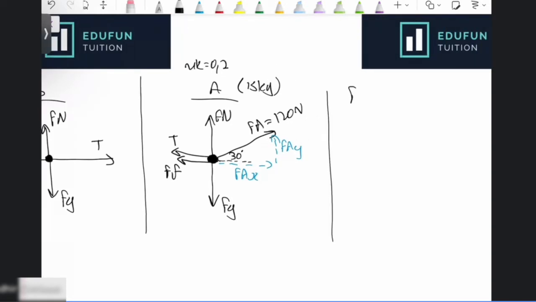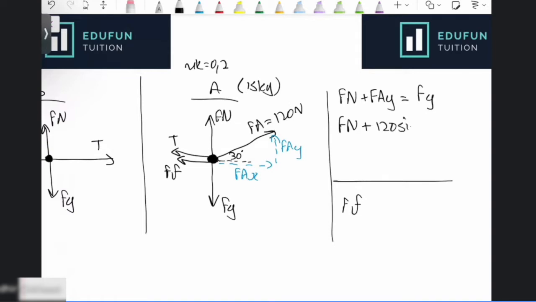It's a two-step thing. We first need to find the normal force, and then we can find the friction. So how do we find the normal force? The forces going up must be equal to the forces going down. Don't forget that. The normal force plus the FAY should be equal to the FG. The normal force should be equal to the FAY, which is 120 sine 30, and then this should be 15 times 9.8, and then we get our normal force from there.